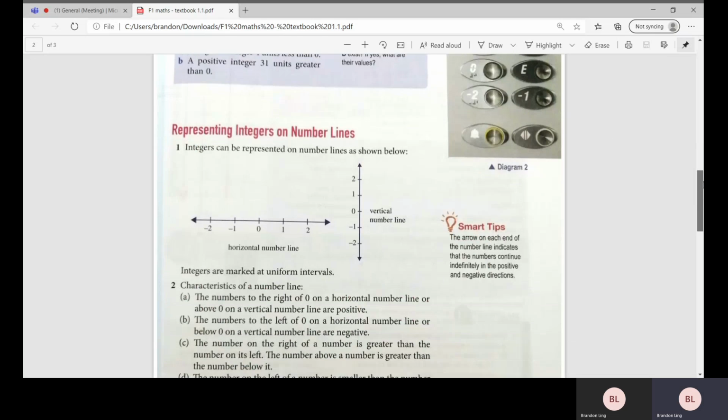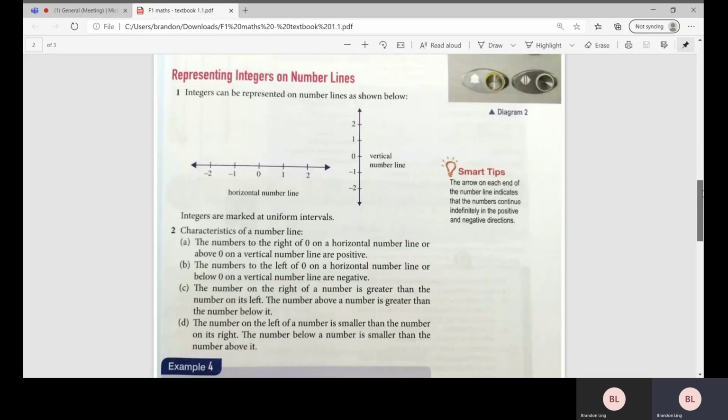We can also represent integers in the form of a number line, either horizontal or vertical. Probably in primary school, you have learned about 0, 1, 2, without negative numbers. In secondary school right now, you'll be learning -2, -1, 0, 1, 2, as indicated by this number line here.